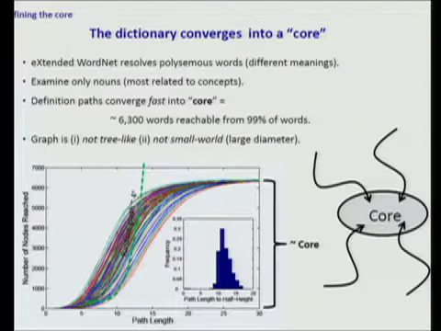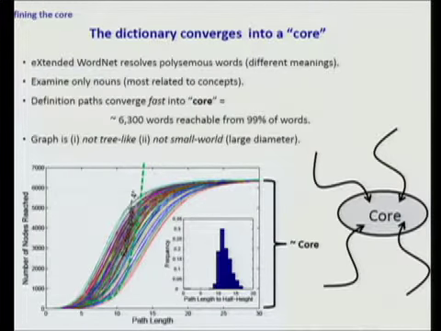They start more or less as something like a tree-like object, a random tree. They grow exponentially, they expand, while at some point they start to converge to a certain value of about 6,000 words that are all reachable for about 99% of the words.